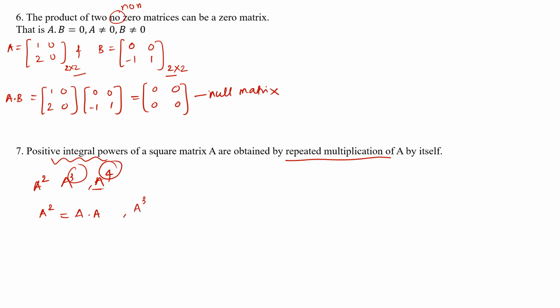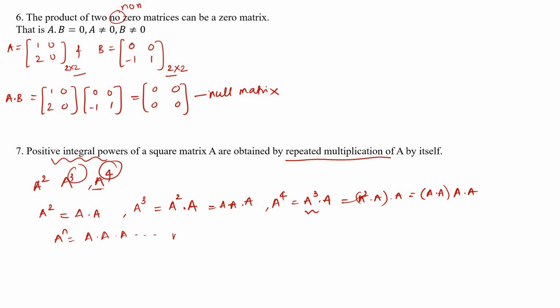If we have to find A cube, we can write it as A square into A. To get A square, we do A into A. Then suppose we have to find A raised to 4, it will be A cube into A, but A cube is A square into A, and A square is A into A. It will go on up to n times. To find A raised to n, we can do A into A up to n times.